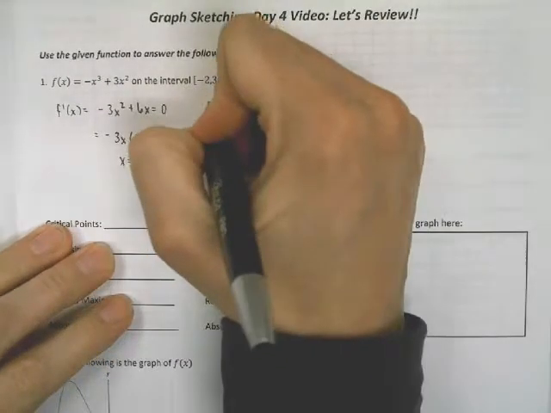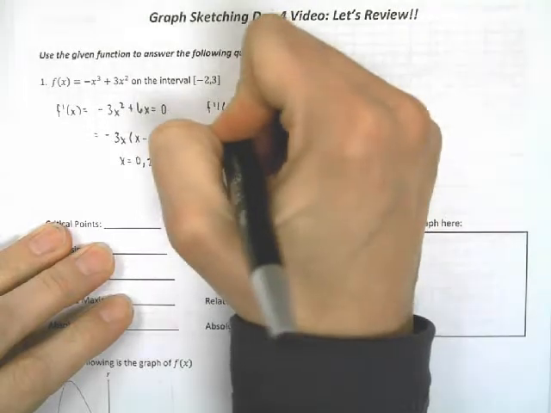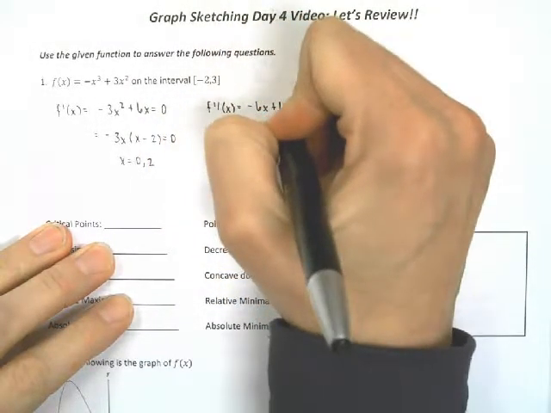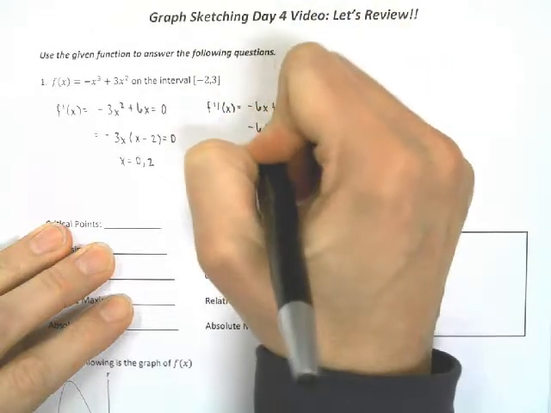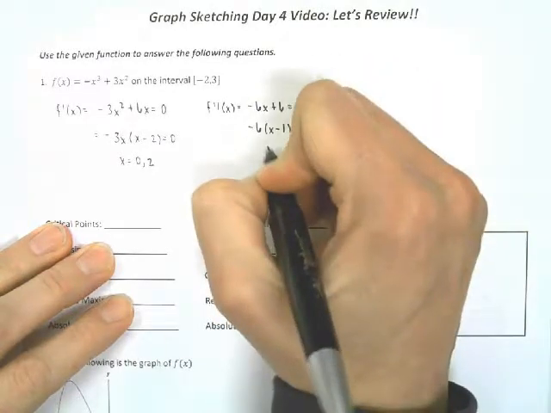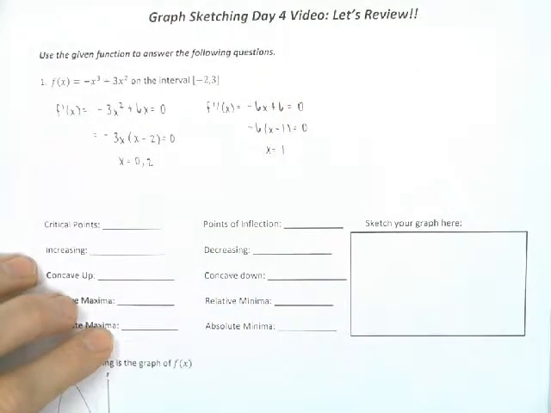Okay, so now I'm going to find my second derivative. It is negative 6x plus 6. I'm going to find out where that's equal to 0, and that'll tell me where my potential points of inflection are.